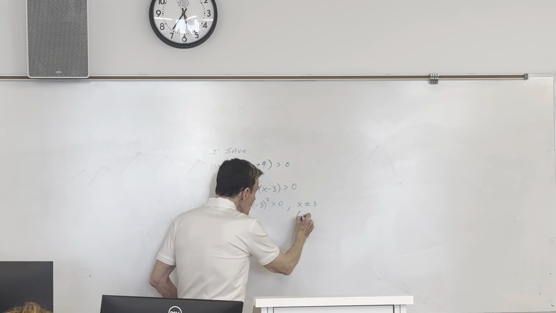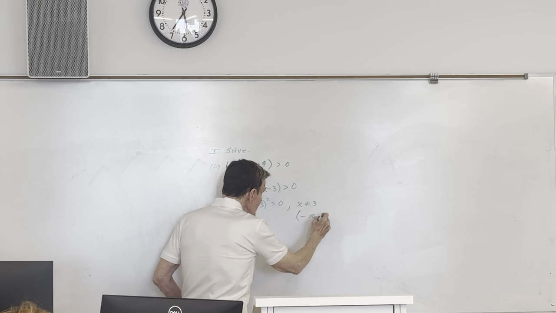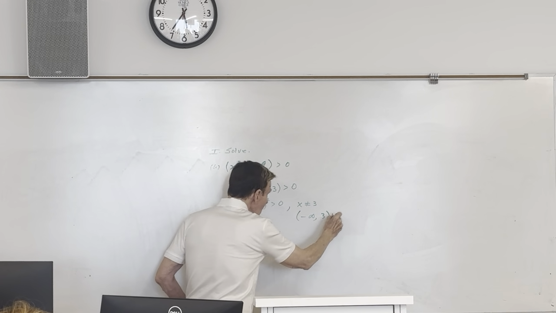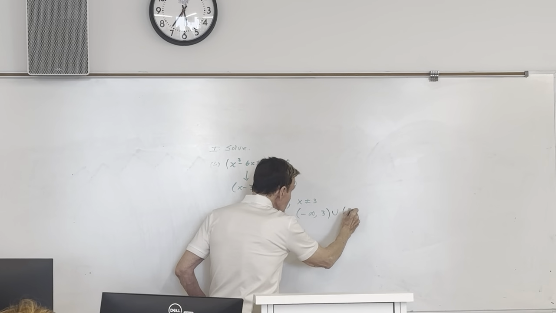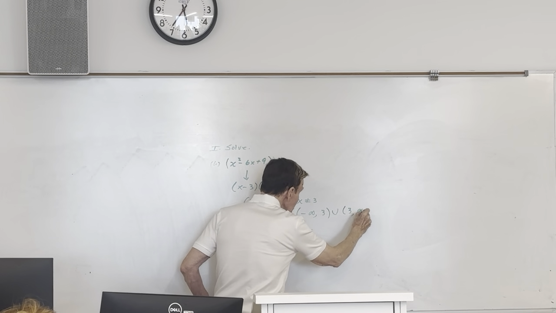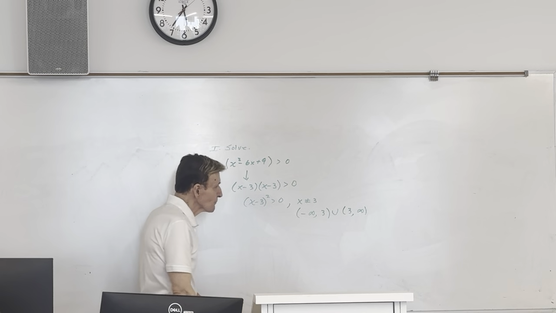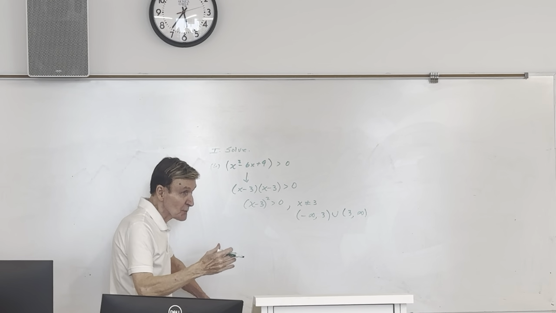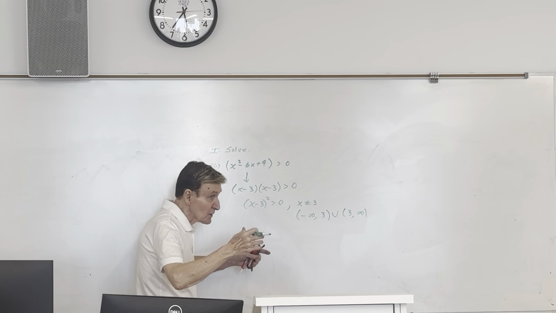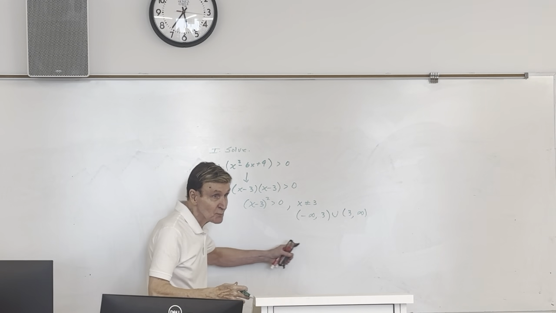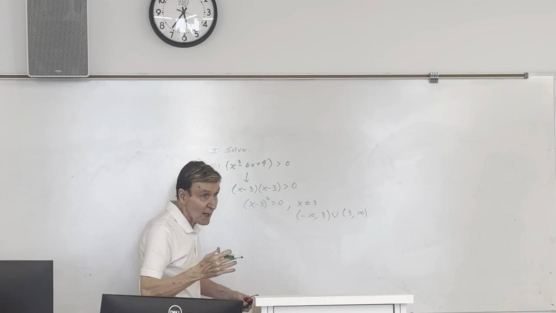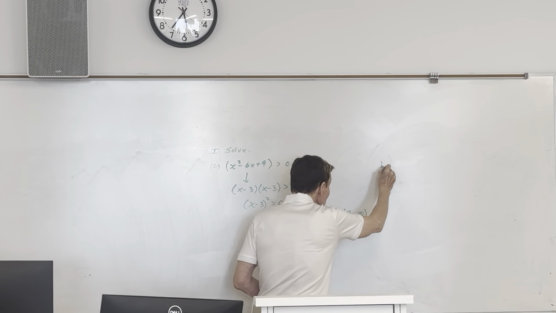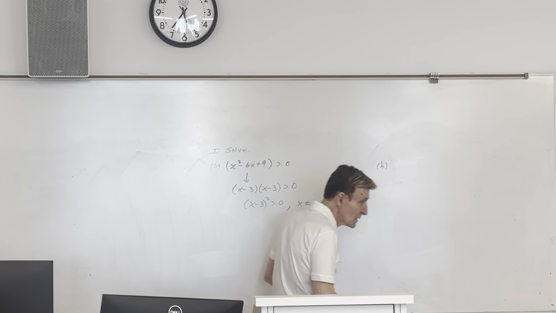Negative infinity to 3, union 3 to infinity. Perfect. There's where you're telling someone you cannot use 3. If they say put it in interval notation, this is the way it looks. That's showing you cannot use 3. Done.